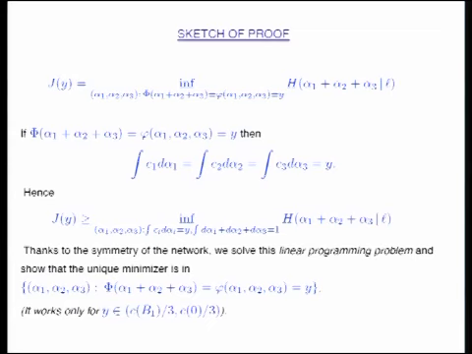So the idea is just to take the infimum over a larger set, which will be defined by linear constraints, so linear programming. Then you can solve for the infimum over the larger set, and at the end, if you show that the infimum over the larger set is reached at a point which is also in the smaller set, you have solved your problem.